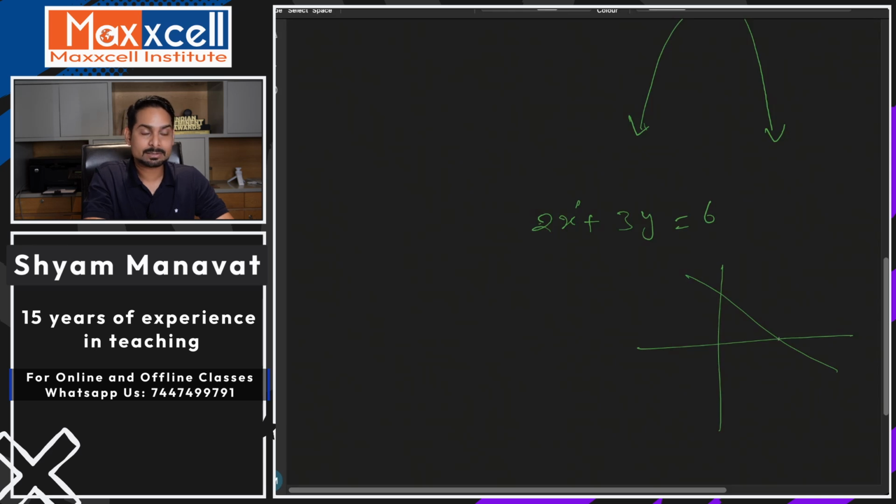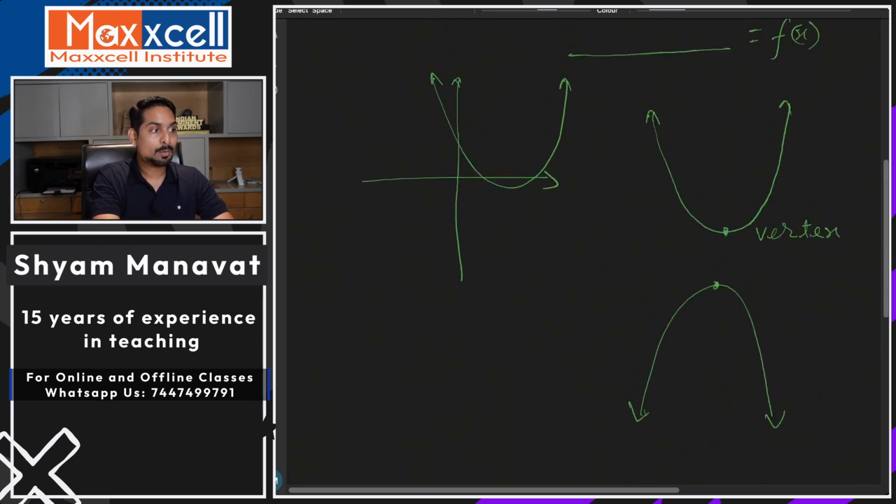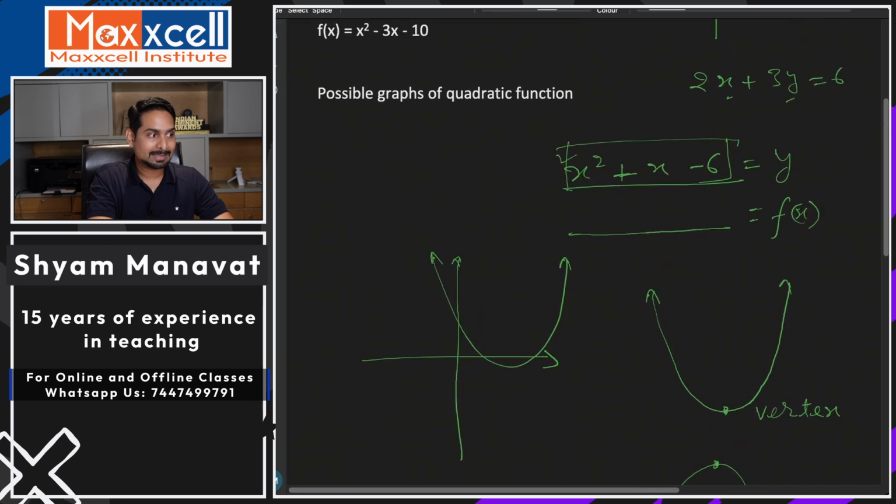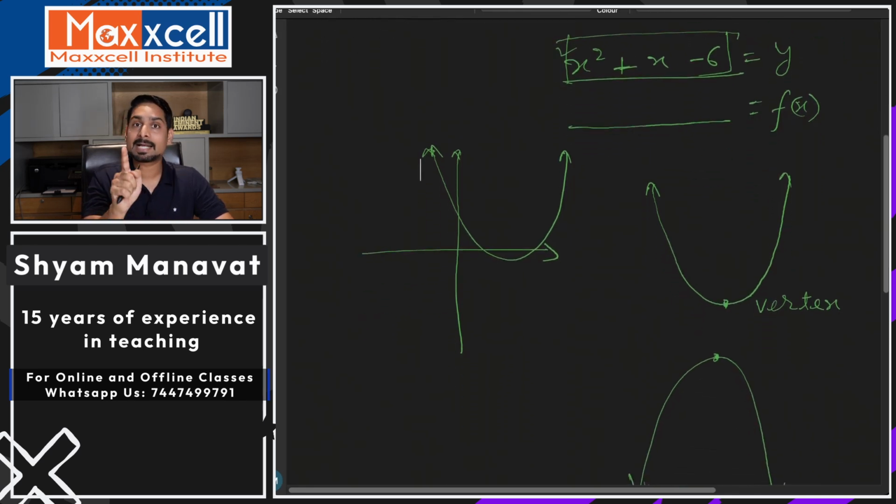That's why it touches the x-axis only once, so it has to be a straight line. Whereas you see this is square, so it may touch a maximum of 2 times. I'm using the word possibilities, I'll tell you why. As of now, what is important to understand is that if it is a quadratic function, then your graph will look like a parabola.